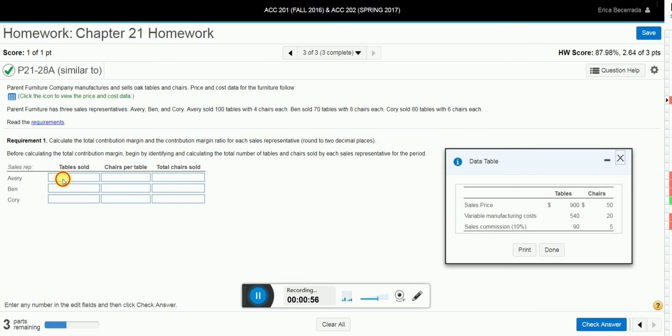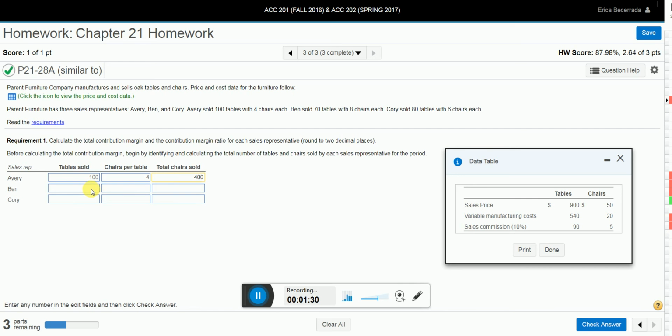Okay, so for Avery, we know that he sold 100 tables, and he also sold 4 chairs per table. So we're going to put 4. To get the total chairs sold, we need to multiply that. So we are going to multiply 100 times 4 and put that here.